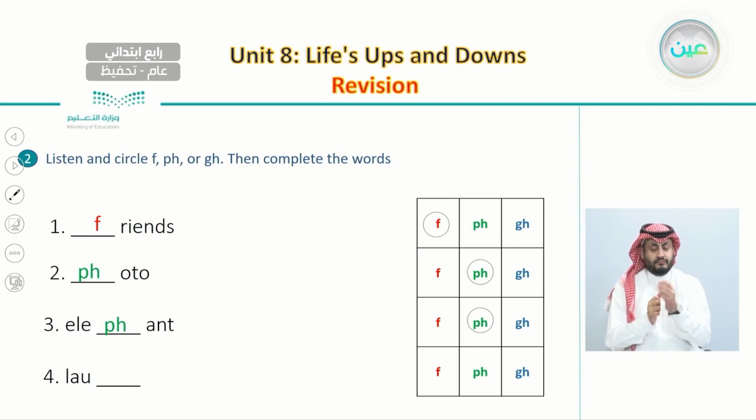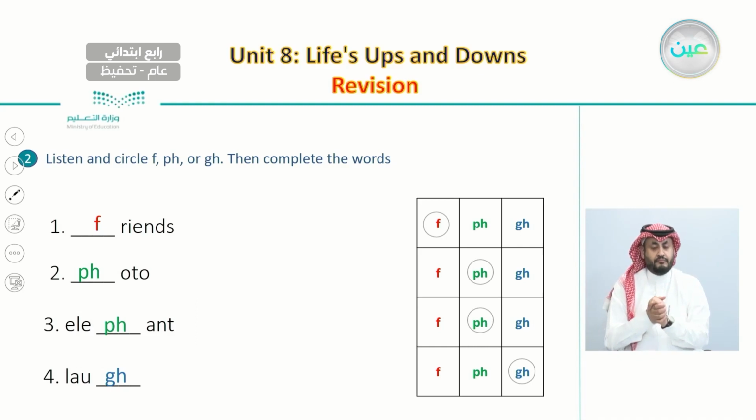Now let us move on to the last one. The last one is laugh. So what do you think? Does it come with F or PH or GH? It, of course, comes with GH, laugh.